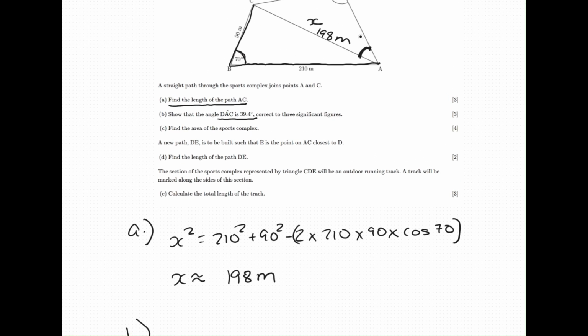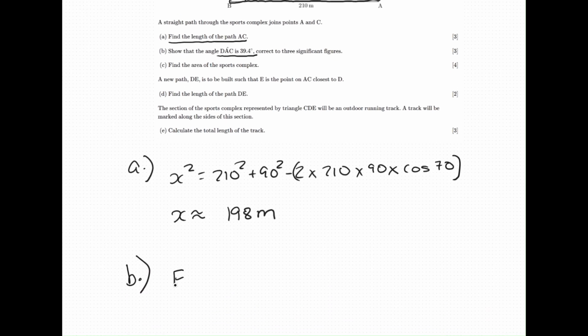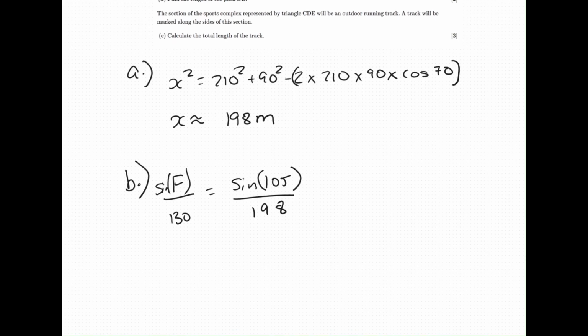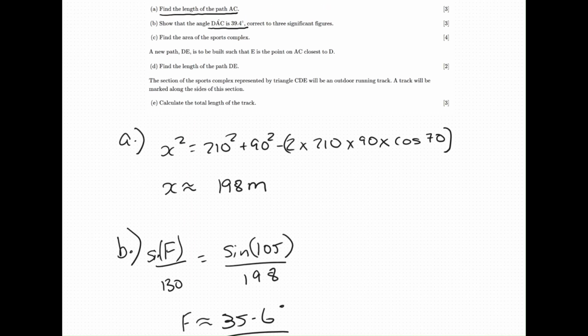If we were to take this as F, you'd have to show sine F over 130 equals sine 105 over 198. And so after you multiply both sides and get the inverse, you would get F is equal to 35.6 approximately. So 3 significant figures is what it asks for.